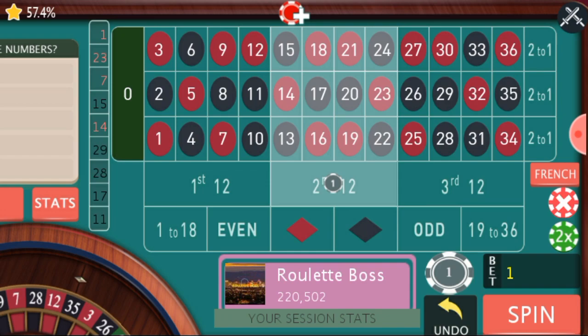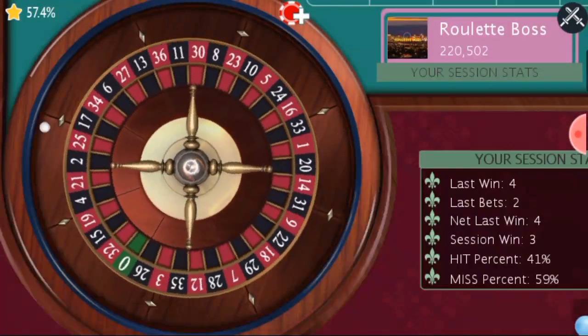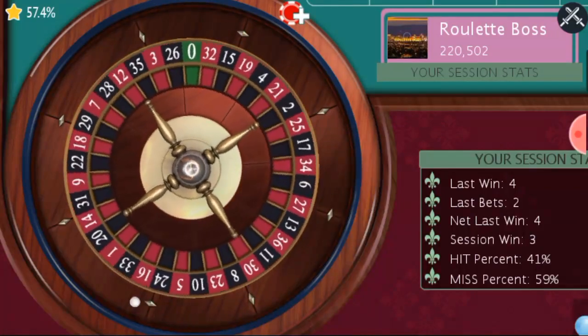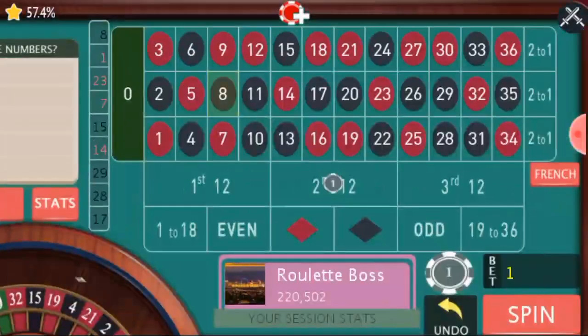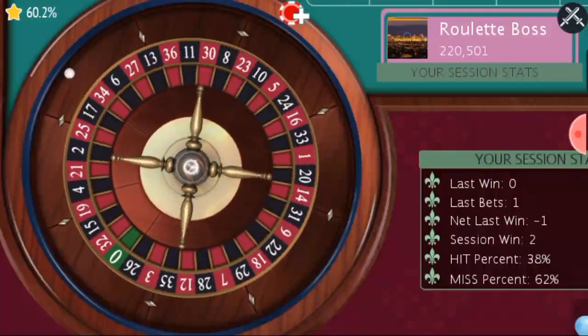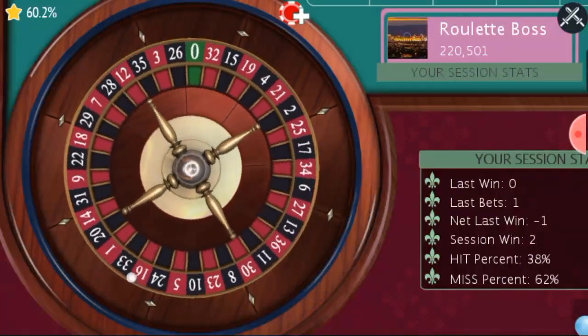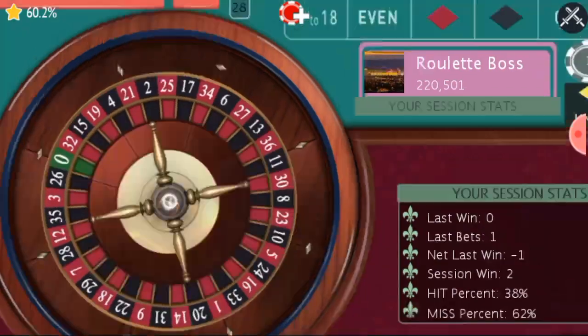It tells me to bet on the second dozen. This is spin number 1. Playing for anything greater than 3 units in profit. I lose on spin number 1. Spin number 2. I lose spin number 2.